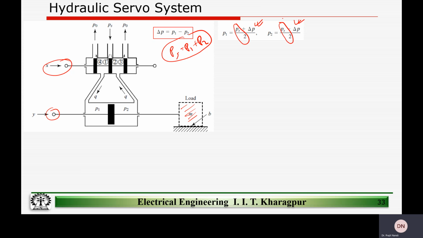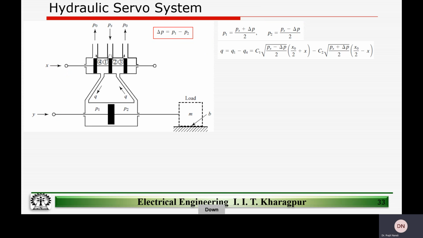This is a very usual representation in electrical signals also, when we represent signals in terms of differential signals. So we have a common mode component and a differential component, right? Similarly we are doing here.